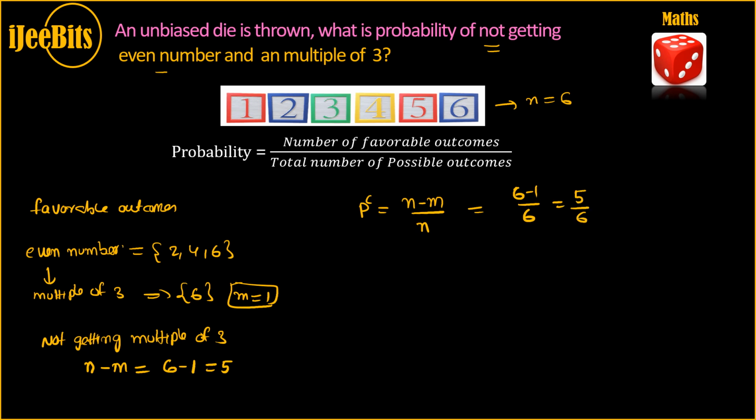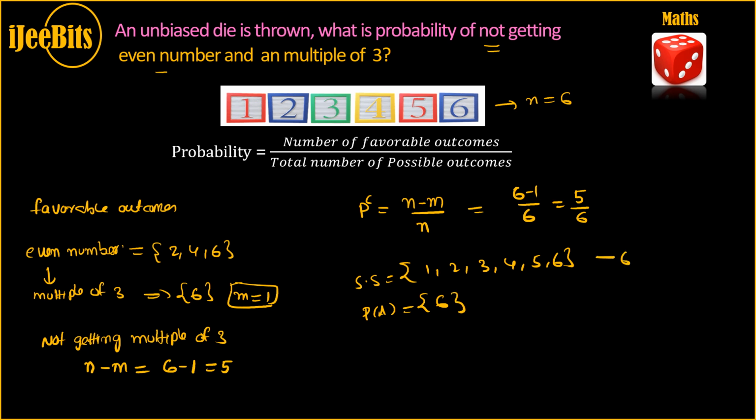In the sample space, the total is 6, and the case you are talking about is only 1.